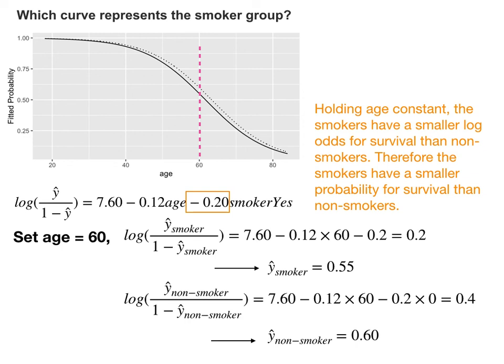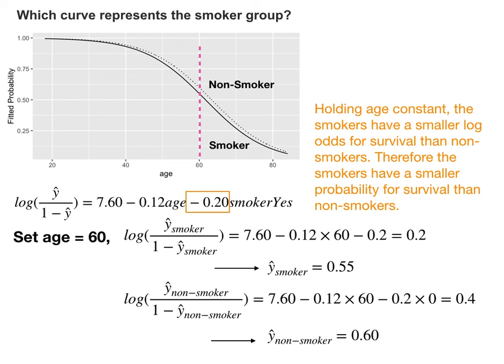So having smaller odds for smokers means that smokers will also have a smaller probability of survival. Hence, their curve will always be below the non-smokers. So we have non-smokers on top and smokers on the bottom.